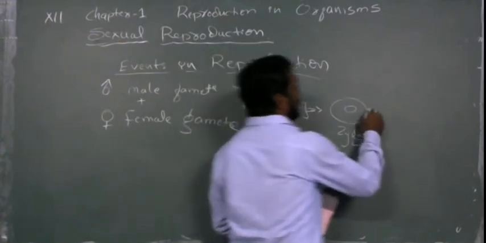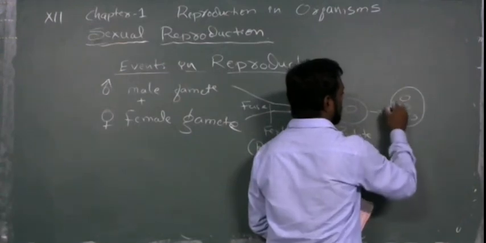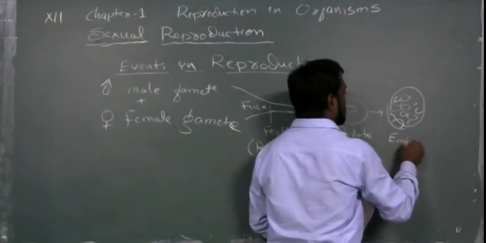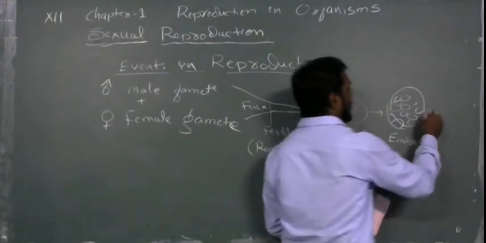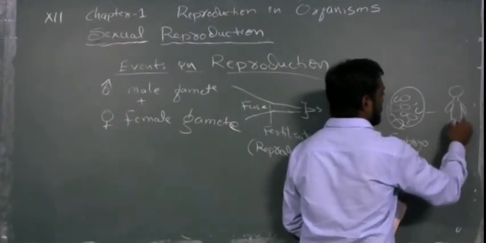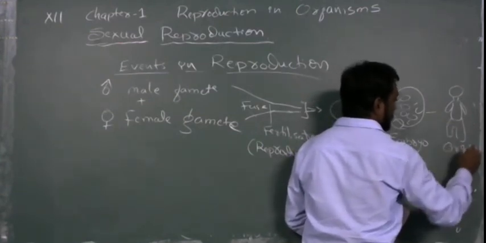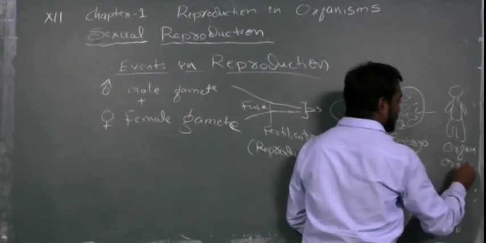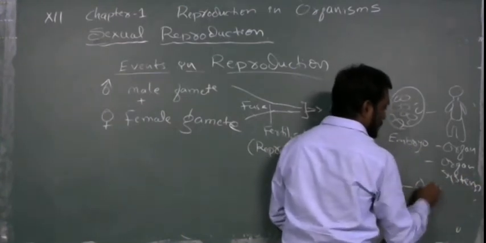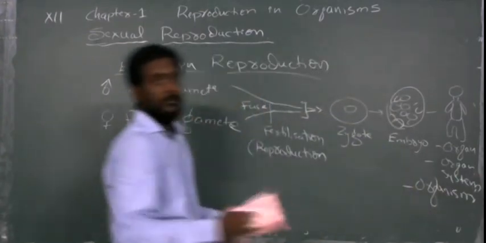This zygote goes on to become an embryo. The embryo converts into an organism with organs and organ systems, and finally into an organism. So these are the events.